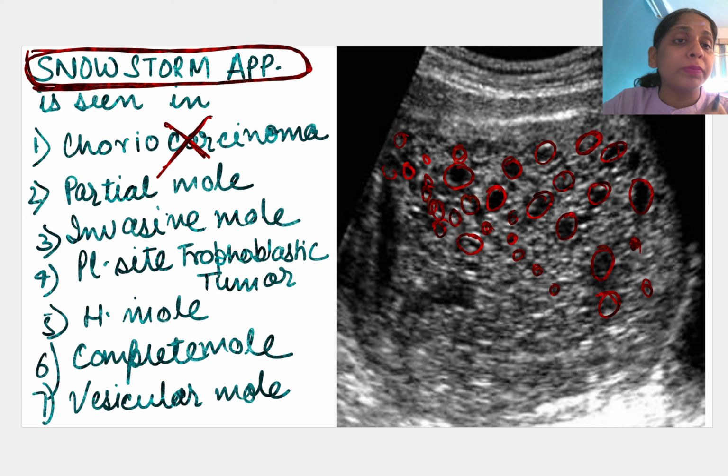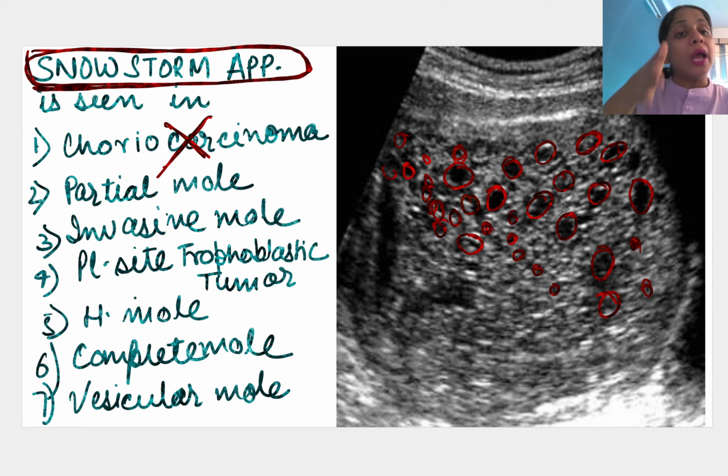First option in the exam is given as choriocarcinoma. Please mark it: in choriocarcinoma, no snowstorm is seen. Next is partial mole. Again, no, I already explained. In partial mole, the whole uterus is not filled with hydropic villi. What is snowstorm appearance? It is nothing but hydropic villi filling the uterus.